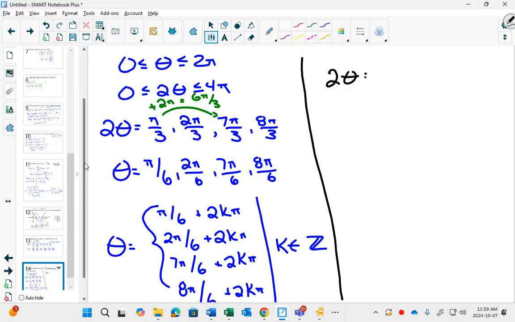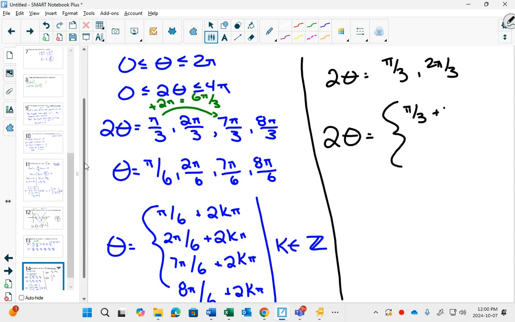I just solved for 2 theta between 0 and 2 pi, which would only be pi over 3 and 2 pi over 3. I write my general solution for 2 theta. Would be pi over 3 plus 2k pi and 2 pi over 3 plus 2k pi, where k is an integer.